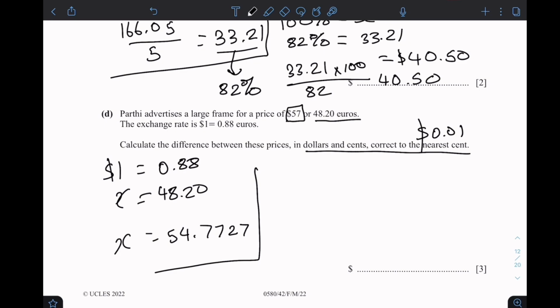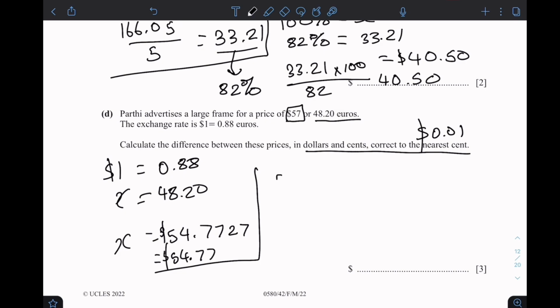So I highly recommend that you do this. Now, 54.7727 is the 48.2 euros in dollars, but since it says nearest cent, it's 54.77. So I rounded it.